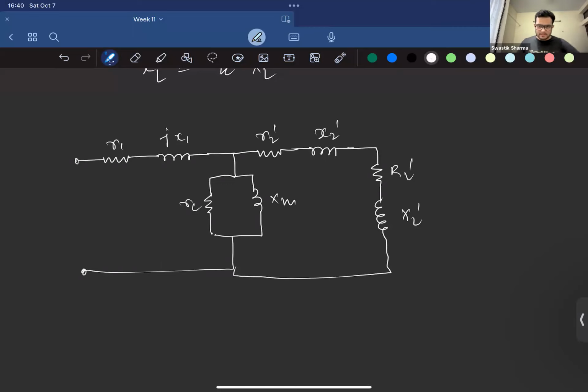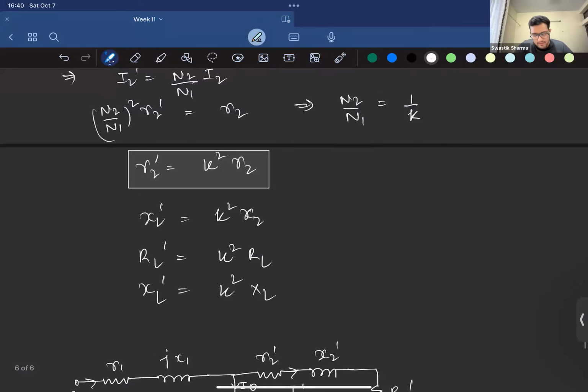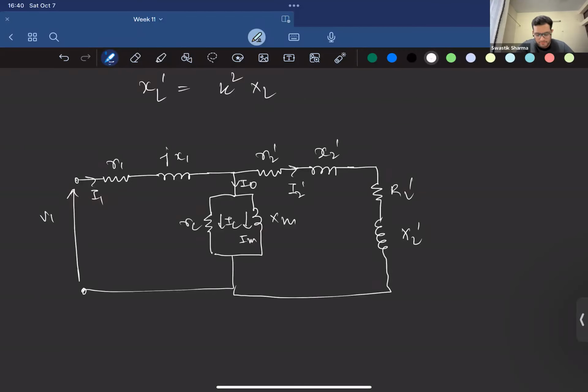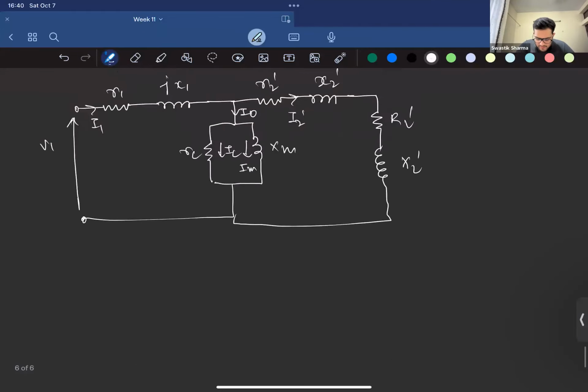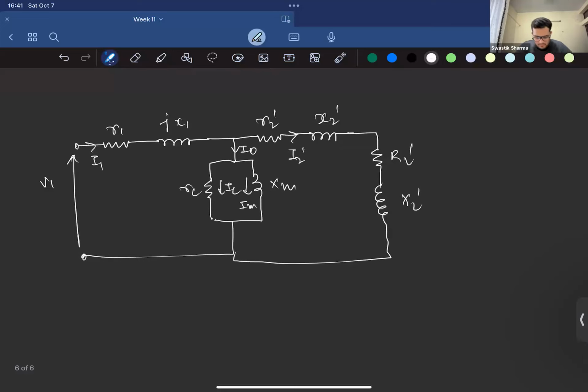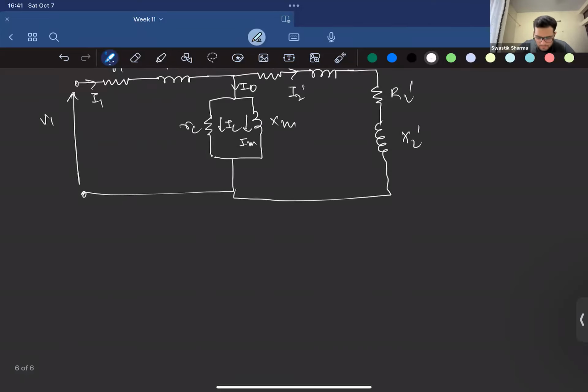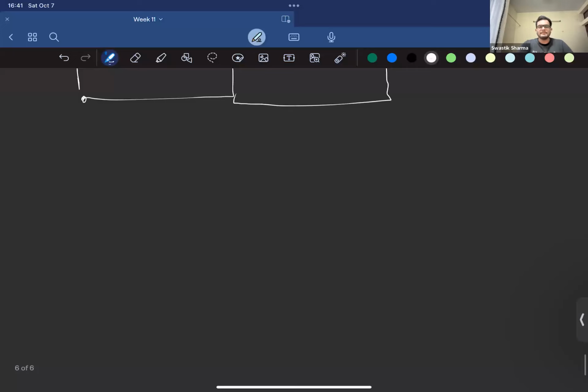Right, so we have this, and we know this is V1, this is I1, right? So that's how we represent it. This is called an equivalent circuit representation of a transformer, referred to the primary side. In a similar way, we can refer everything to the secondary side as well. I leave that task to you. Okay, so what else?